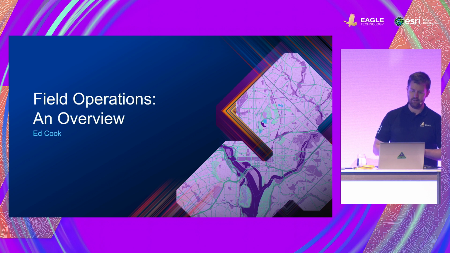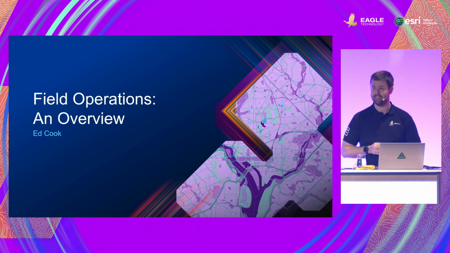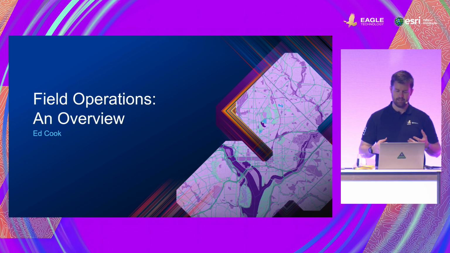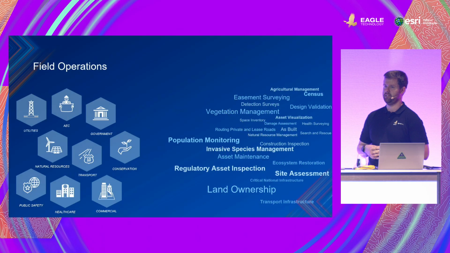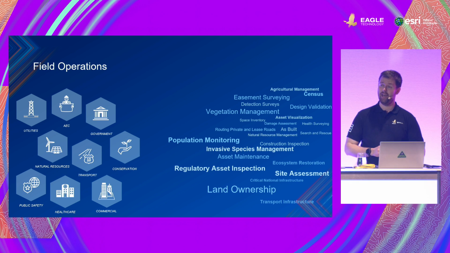So things like vegetation management, you might be capturing something a little bit more complex than just a point. You might be getting into maybe the drone space as well alongside your vector data. Census, looking at construction inspections, emergency management. We're all using field operations capabilities in some way, shape or form, but ultimately using the same underlying components to enable our workflows.